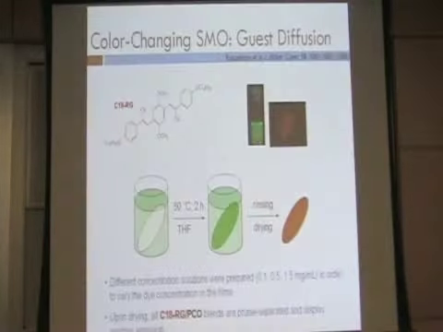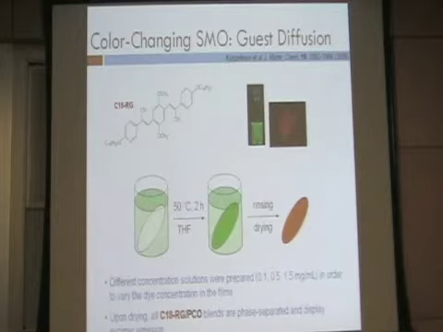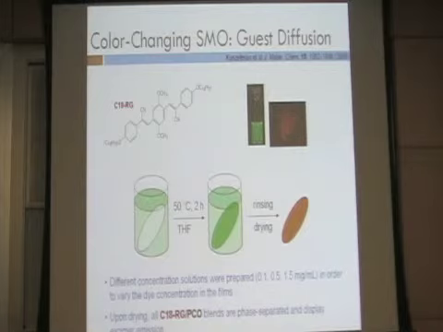So with Chris Vader's group at Case Western, we decided to combine his dyes that have these long alkyl tails in with our polymer at a very low amount, about 0.1 weight %, and they're partially compatible with our polymer. Our polymer is a solvent for that dye in the melted state, but the moment you crystallize, it does not co-crystallize with the crystalline phase, and so it wants to go to the red state. And so the same phenomenon that drives the shape memory can drive the color change.